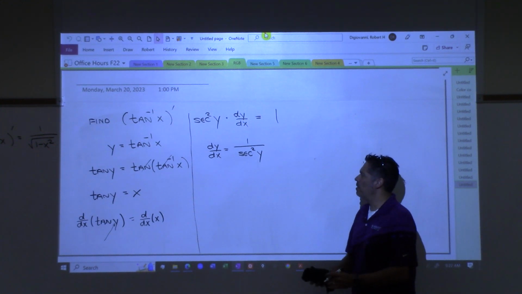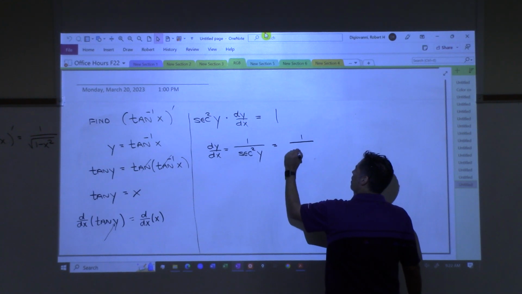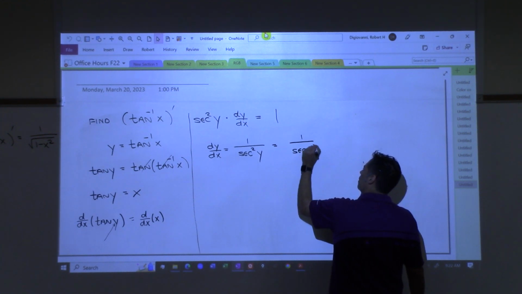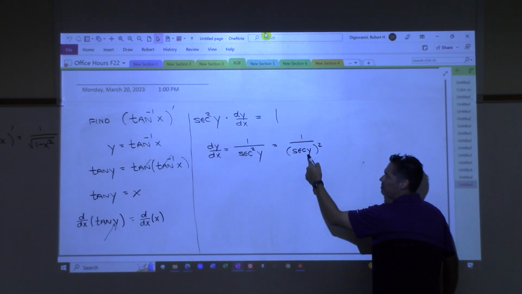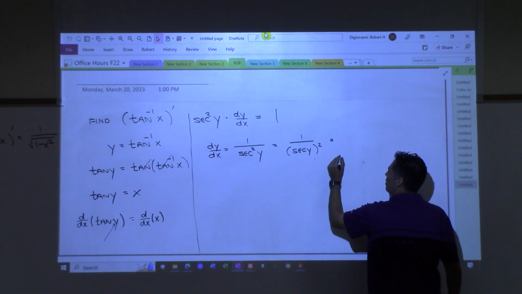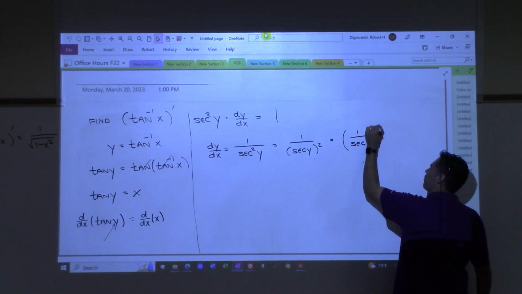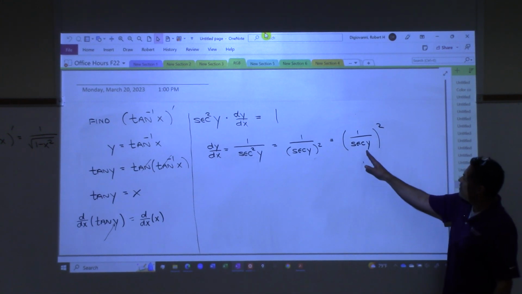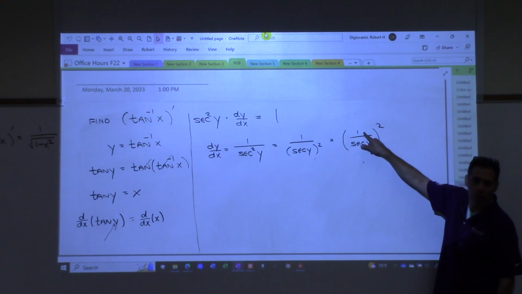But let me see if you believe this. Do you agree that this is the same as 1 over secant y squared? Because that's what that means, right? This means this. And then this step is a little bit strange, but just look, isn't this the same as this? If I take this fraction and I square it, you square the top and the bottom. What happens if I square 1?